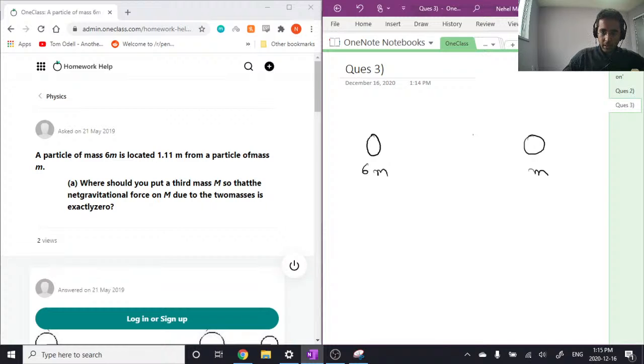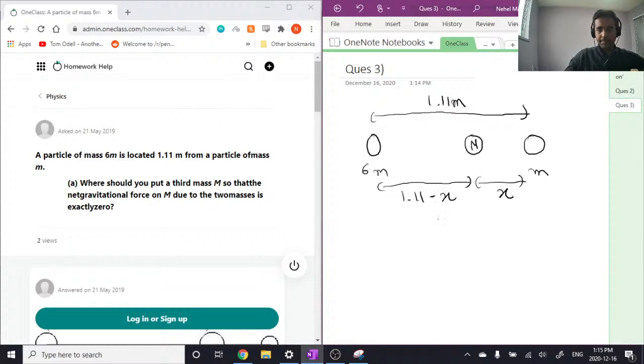So let's say we put a third object of mass capital M somewhere here, and we know the distance between the two masses is 1.11 meters. If we say that this distance here is x, this distance here would become 1.11 minus x.